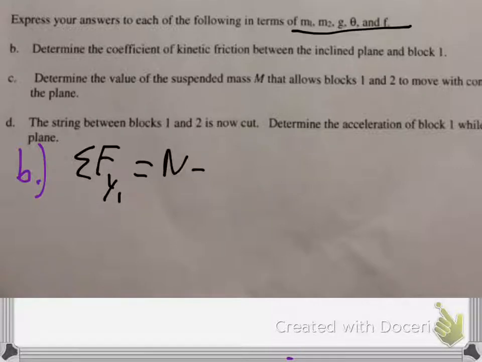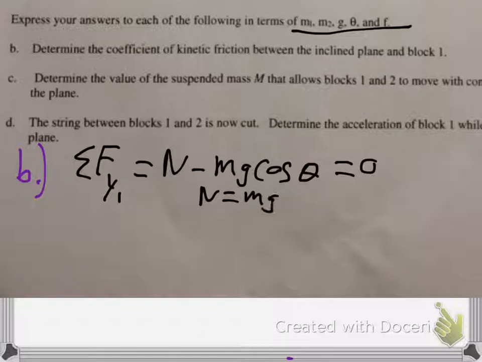we have normal force minus mg cosine theta is equal to 0. So normal force is equal to mg cosine theta.